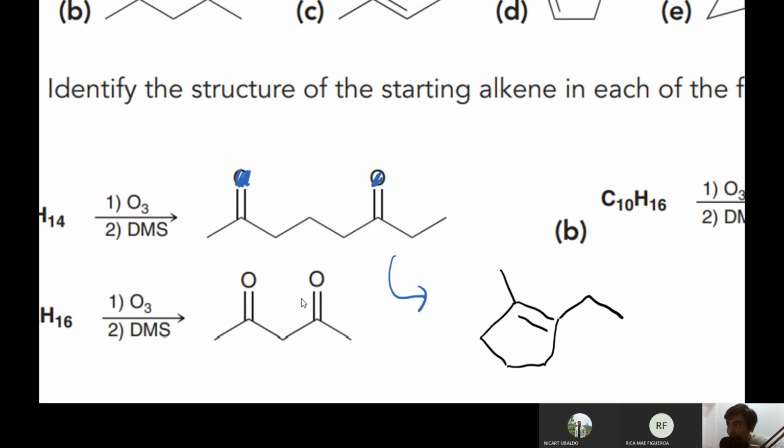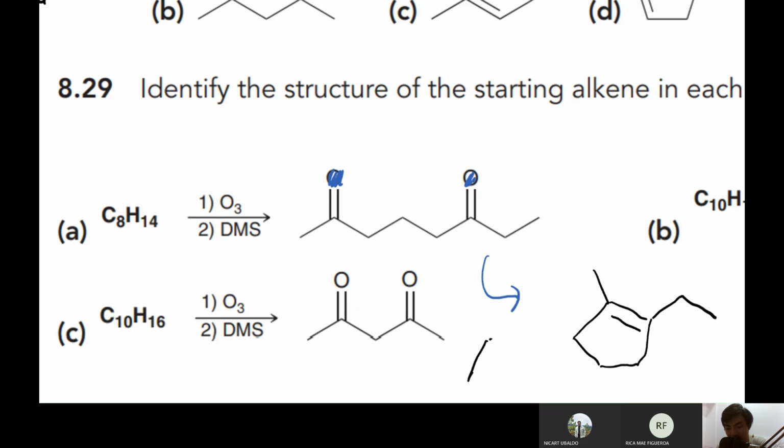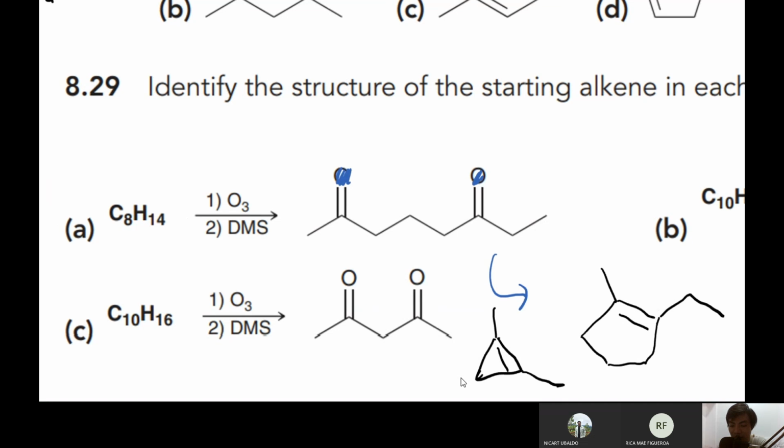How about this one, itong number 2. Kapag dugtungin mo yan, 1, 2, 3. Ano yan? Triangle lang yan na may double bond, no? Tapos, may kanya-kanyang methyl group doon. Okay? So, yan yung itsura ng reactant dito. Draw ko na maayos dito sa gilid.